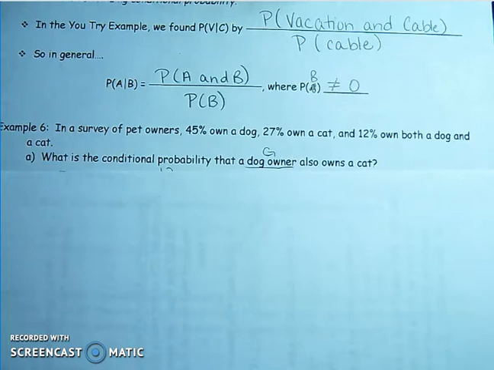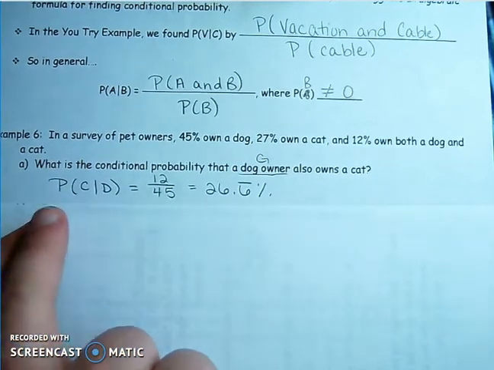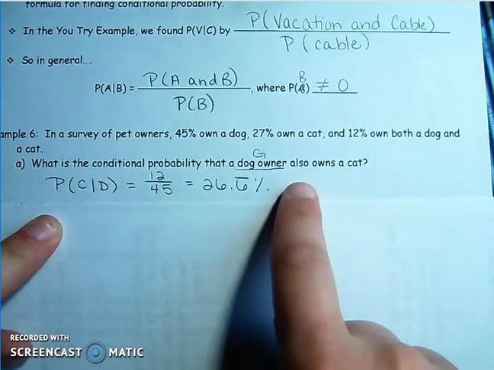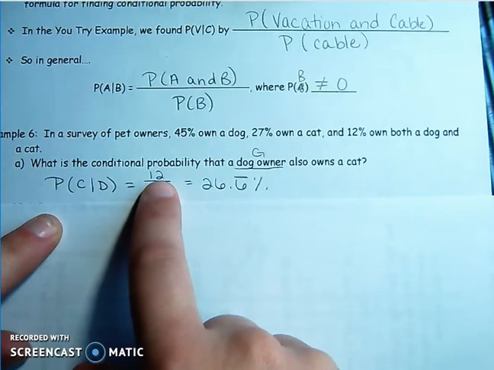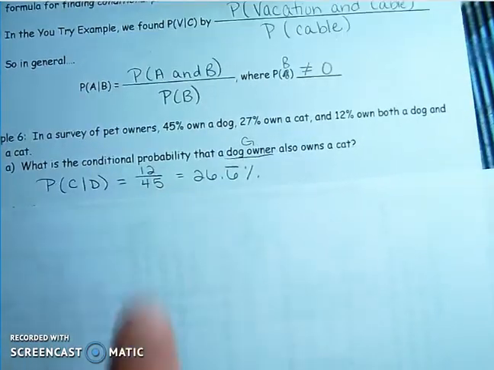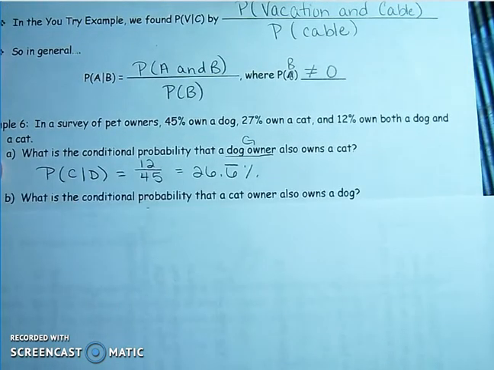So that means the given part is that they have a dog. So that's our given. So what this looks like is the probability that someone has a cat given they're a dog owner. So this part shows ownership. So the fact they have both is 12% out of how many have a dog, that's 45%. 12 out of 45 is 26.6 repeating percent.